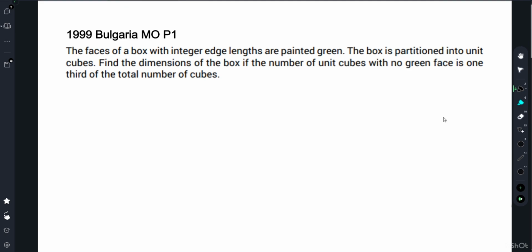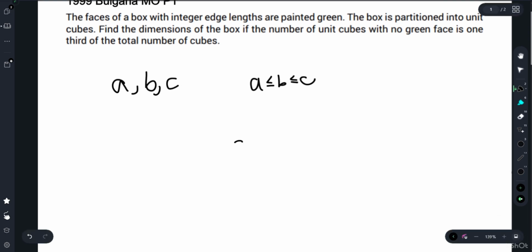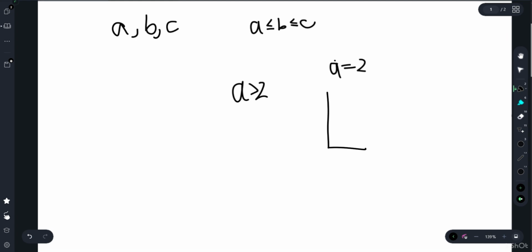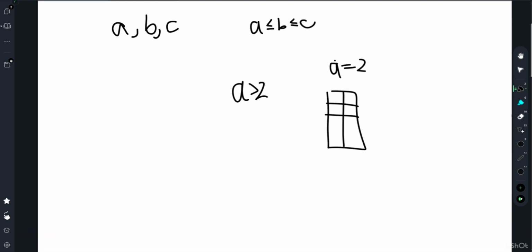total number of cubes. So let the side lengths of the box be A, B, and C. Without loss of generality, let A be less than or equal to B, which is less than or equal to C. What this tells us is that A has to be greater than 2, because if A is equal to 2, we have something like this, and obviously both sides are going to be faces, as seen here.